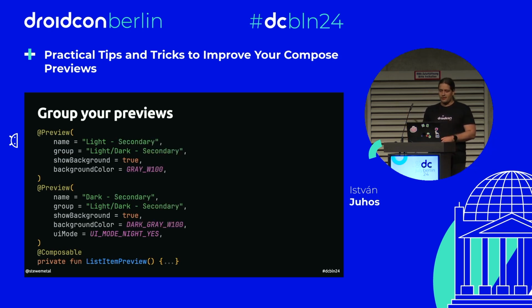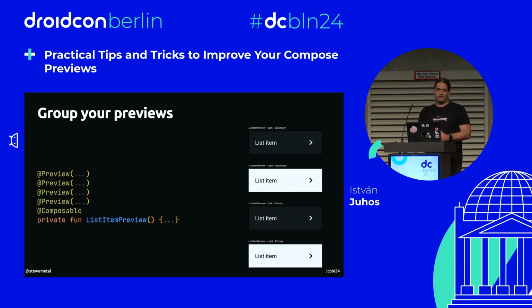So on the previous slide, we've seen the primary background variants of these previews, and we could add two new previews there for the secondary background. If we want to render our composables on different backgrounds to see how they look in certain situations, we can do that.